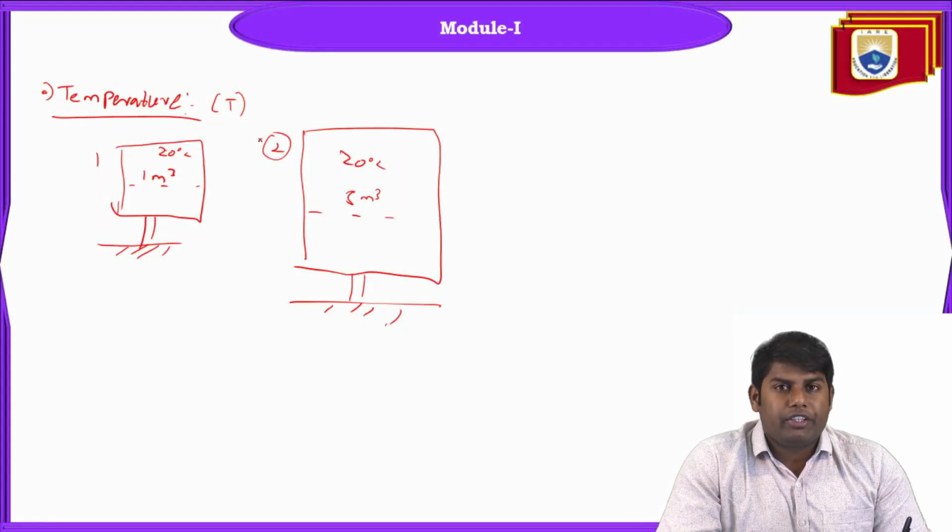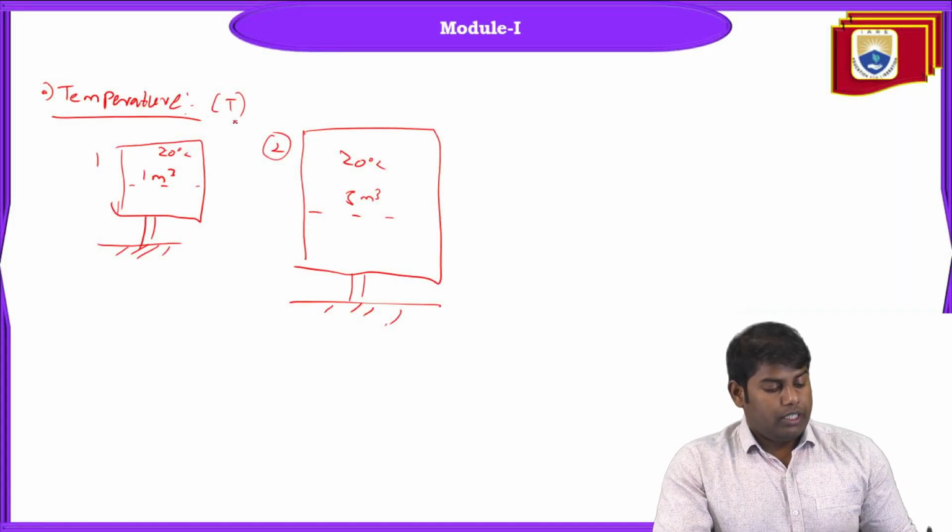Radiation happens because of influences like the sun or other planets. So these are some examples of radiation. Temperature, irrespective of the size and shape of the volume of any system you take, does not vary. Okay, so that is temperature.